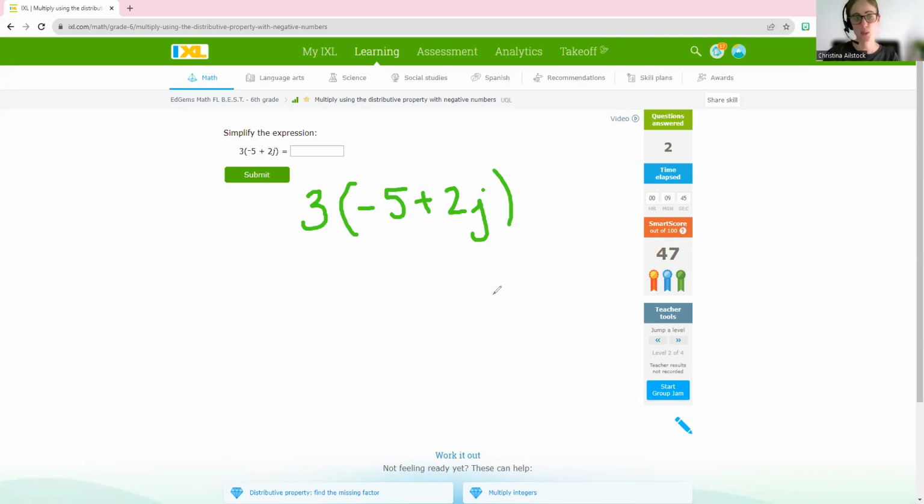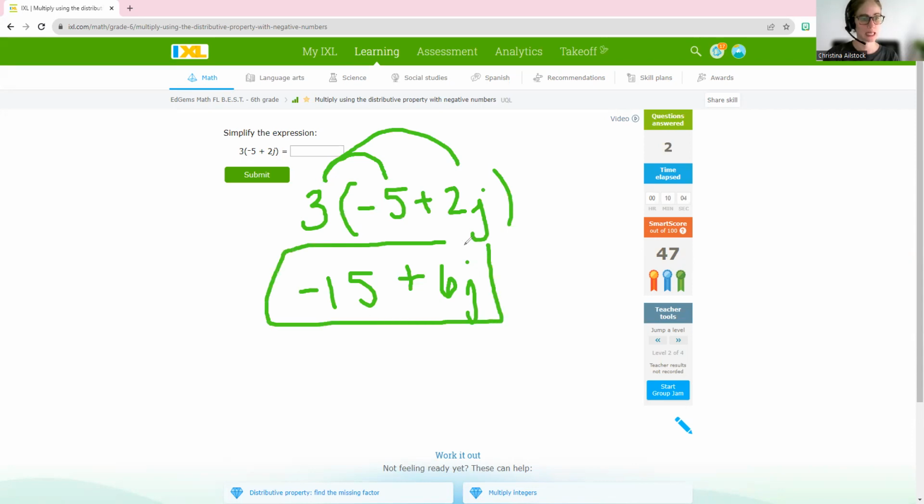Nope. That means we need to distribute. So 3 times negative 5 would be a negative 15. Bring down your plus sign. 3 times 2j, 3 times 2 is 6, would be 6j. Anything else we can do? Nope. That would be it.